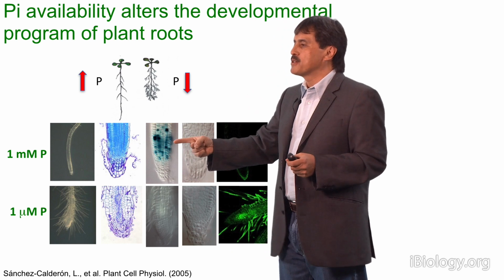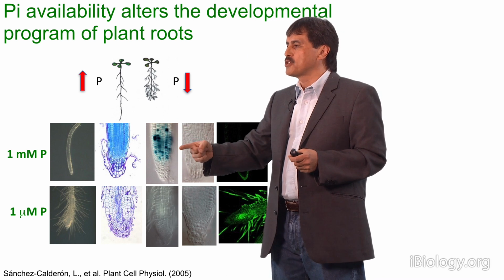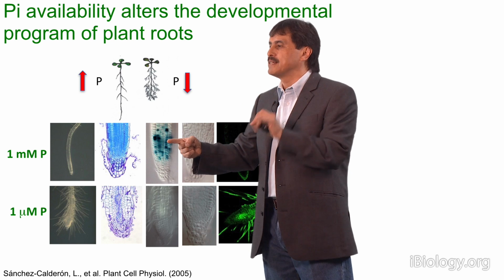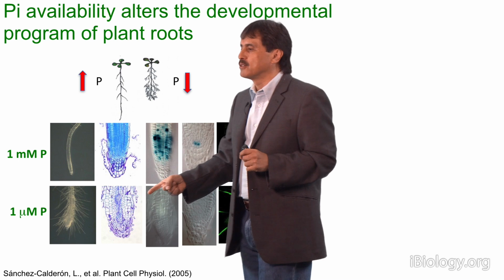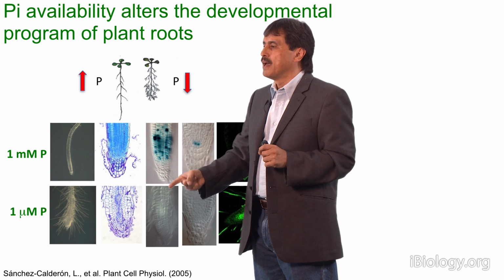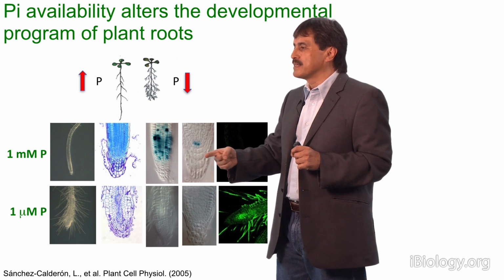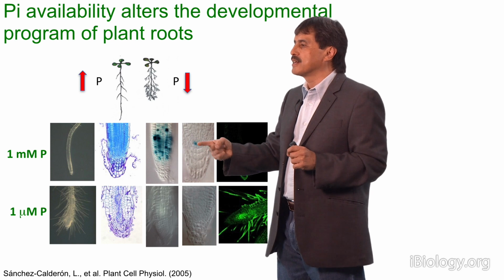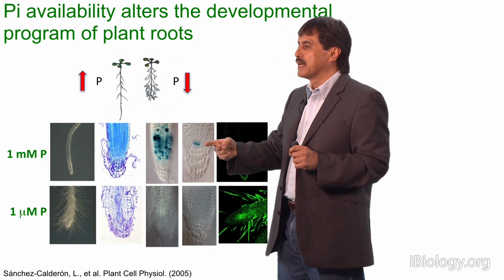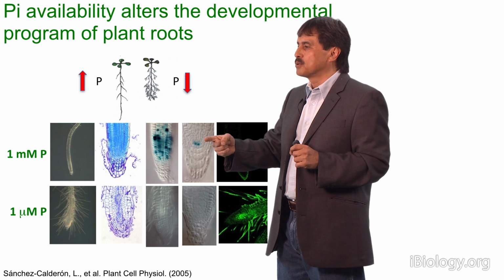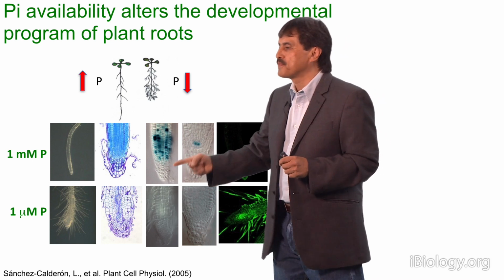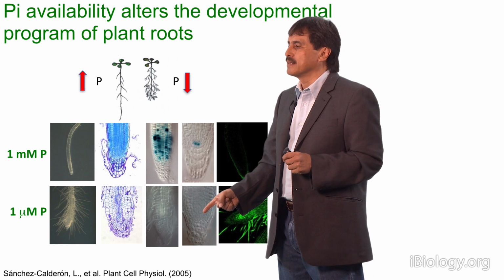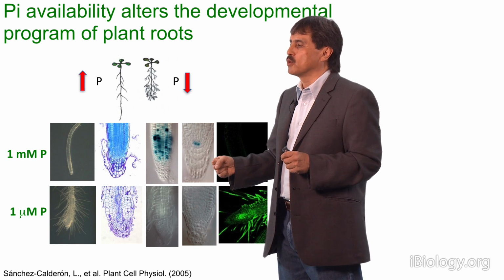So cell division, cell proliferation, which is shown here as the blue dots, these cells undergoing cell division, is arrested in roots that are exposed to low phosphate. And the stem cells that organize the growth of the root and give rise to all the different cell types that form the root disappear in a root that is exposed to low phosphate.